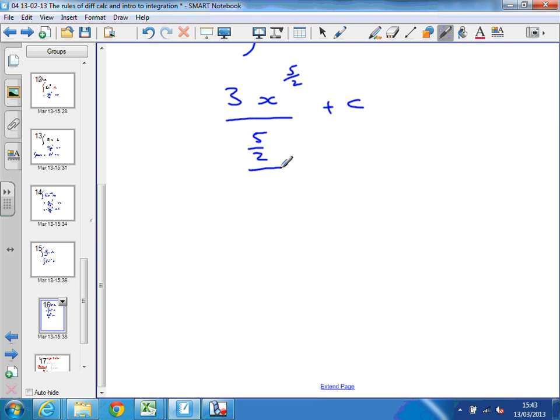So this becomes 2 over 5 times 3x to the 5 over 2 plus c. I've inverted it, and then it becomes a multiplication. And then I look at it and I say, actually, that 2 times the 3 on the top becomes 6. So it becomes 6/5 x to the 5 over 2 plus c.